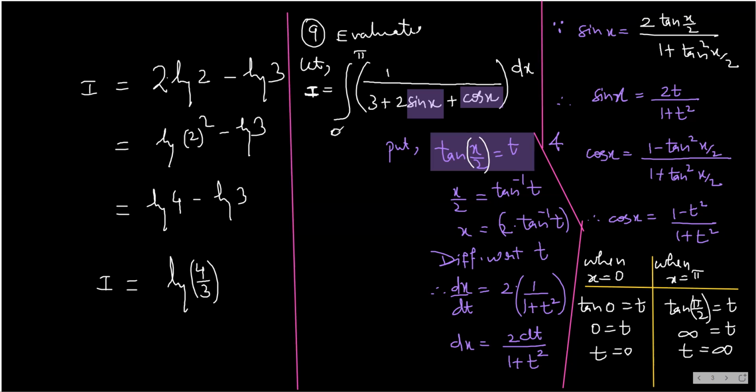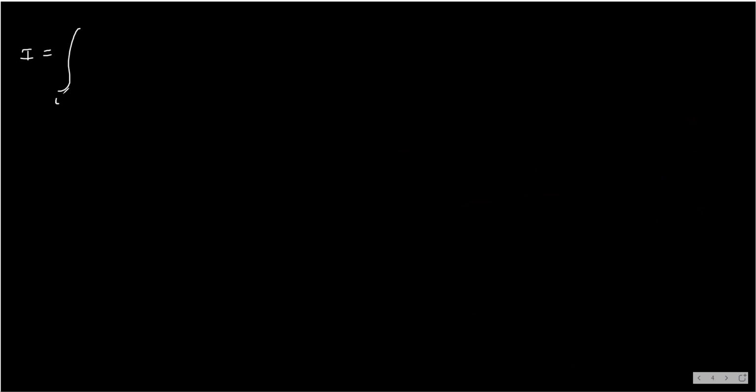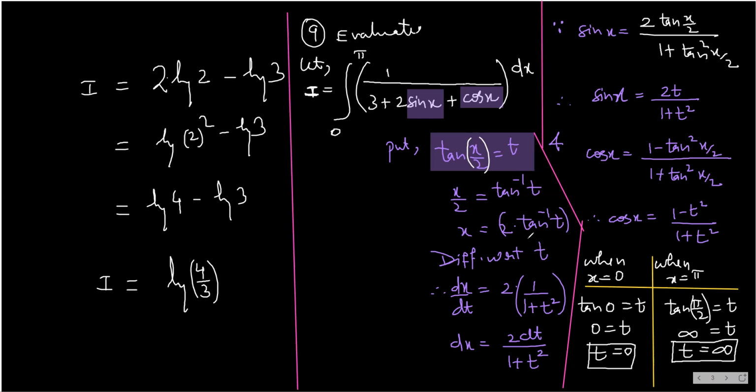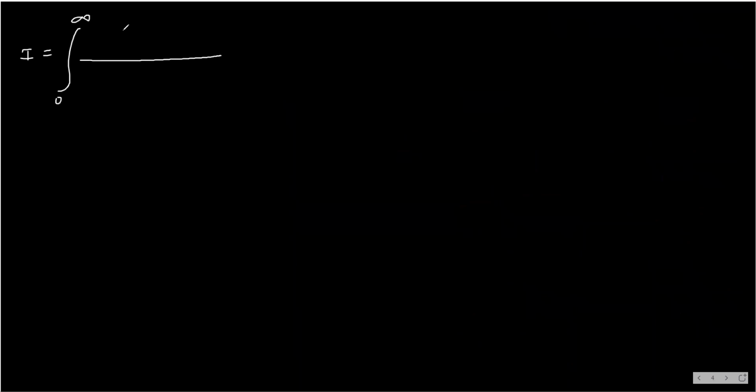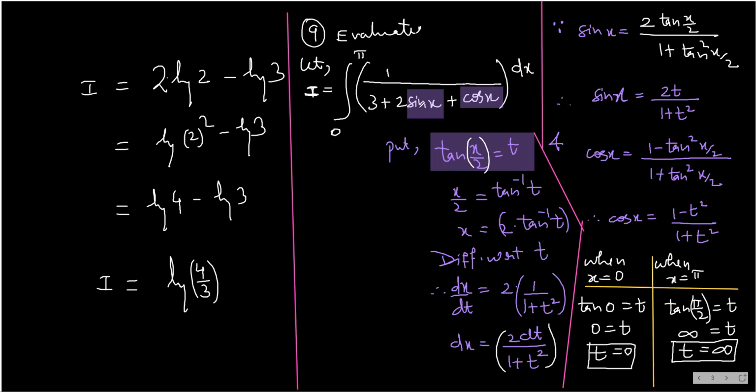Okay. Now I go for writing the integral in terms of t. So I equals, listen, here you had 0 to pi, which will now be 0 to infinity. So I have I equals integral from 0 to infinity, and see here, 1 dx, I will write 2 dt upon 1 plus t square, and upon 3 plus 2 sin x.